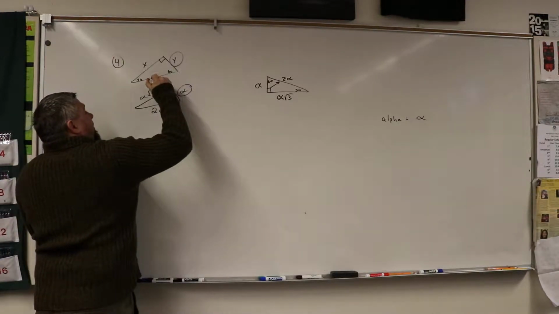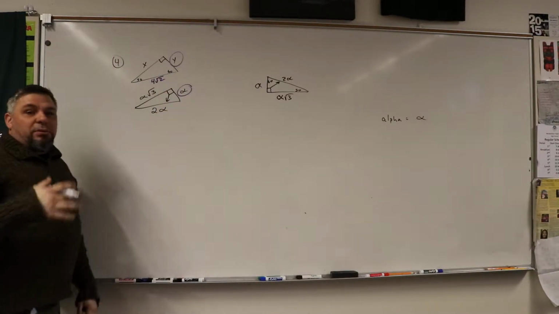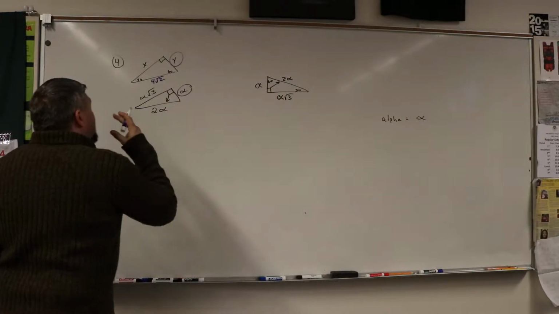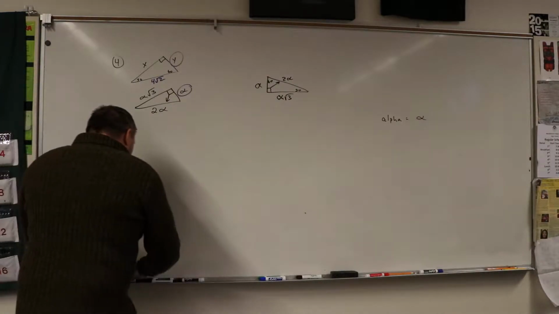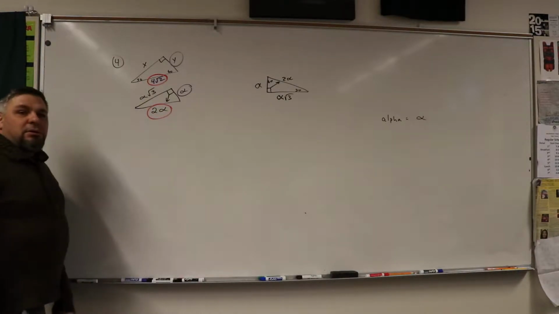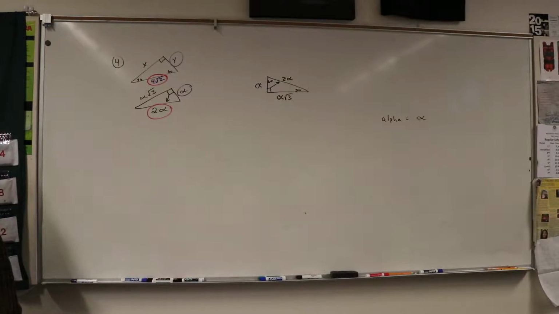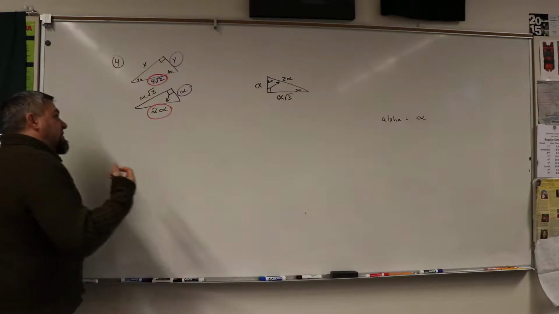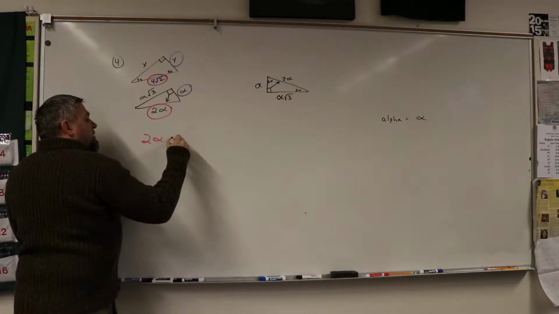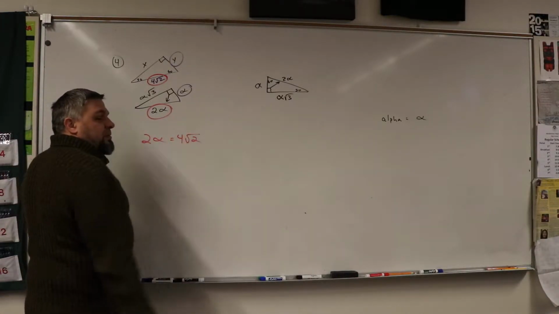So this is 4 square root 2 on your sheet. I need to start with a number, so now I know what that is. So I can say 2 alpha is equal to 4 square root 2.